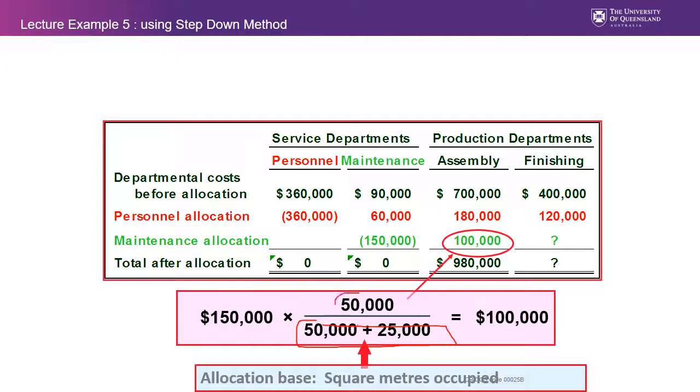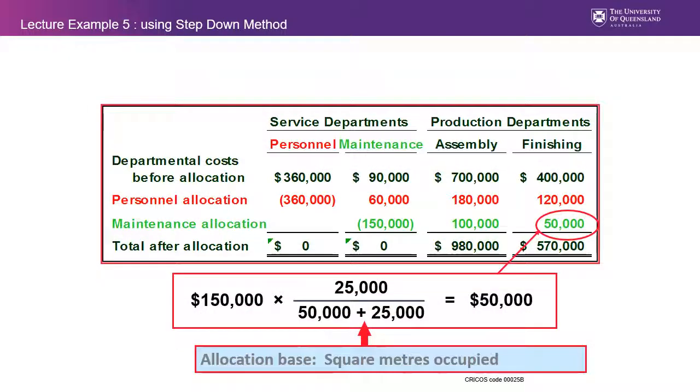We divide 50,000 from assembly by 75,000, times that by the 150,000 in maintenance. That gives us $100,000 we allocate from maintenance to assembly. We take the 25,000 square meters in the finishing department, divide by 75,000, and that gives us 50,000 in finishing.